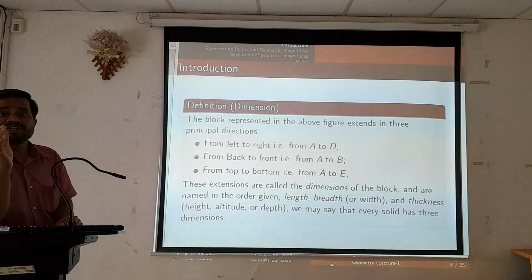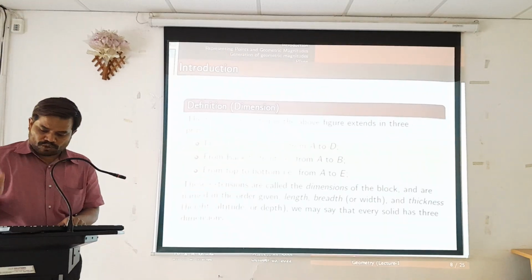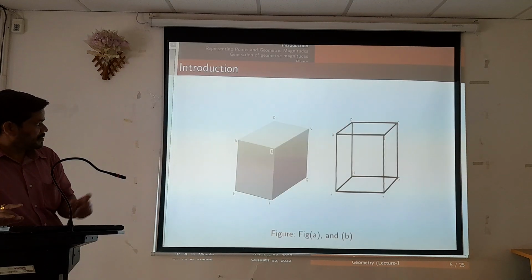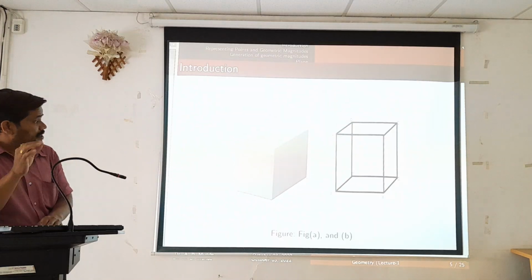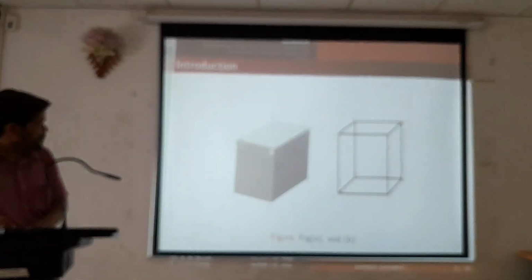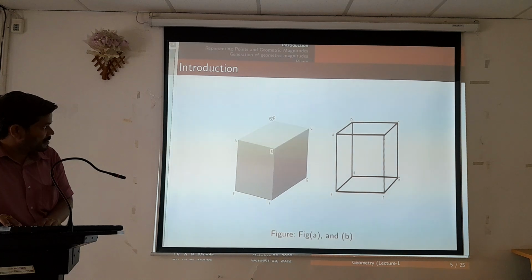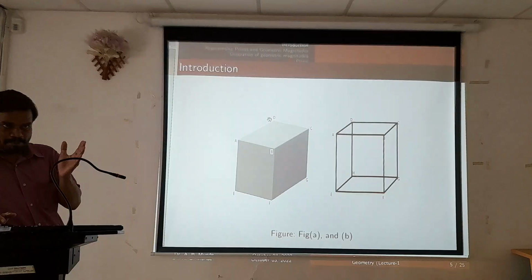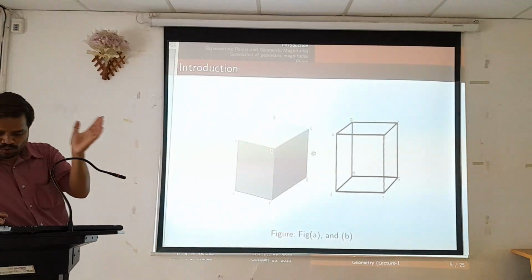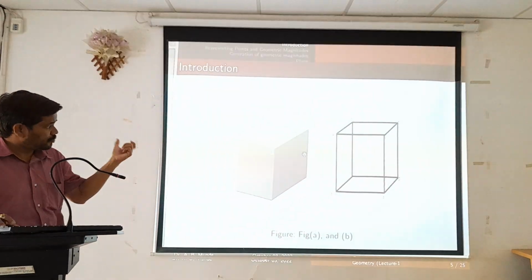The next definition is the dimension. The block represented in the above figure is this one here. If you take from left to right, that is the portion from this capital A to D. This figure indicates some principal directions from this point A to D, or from this point A to B. It is called from front to back or back to front.